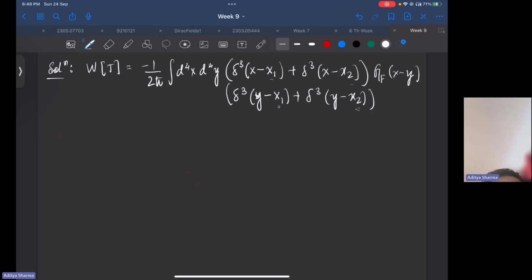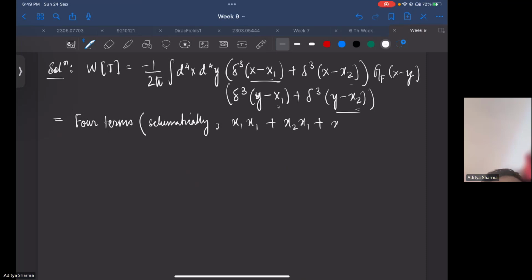All right. So we'll just look at this term. Okay, there will be 4 terms here, which will be Dirac deltas, into 4 terms. Which schematically, calling it as x1 x1 plus x2 x1 plus x1 x2 plus x2 x2.